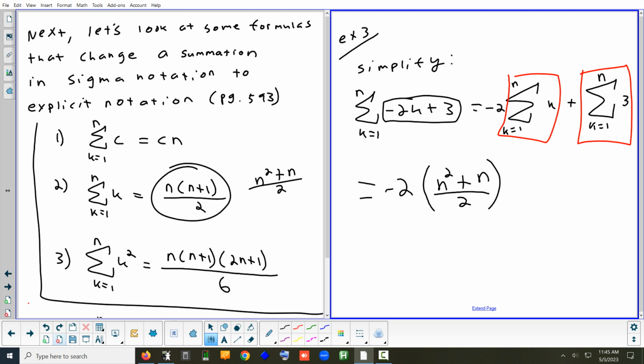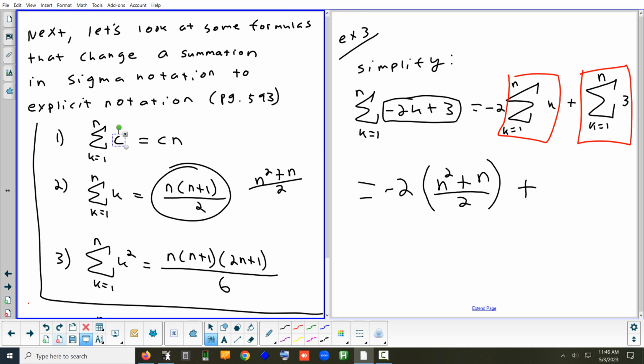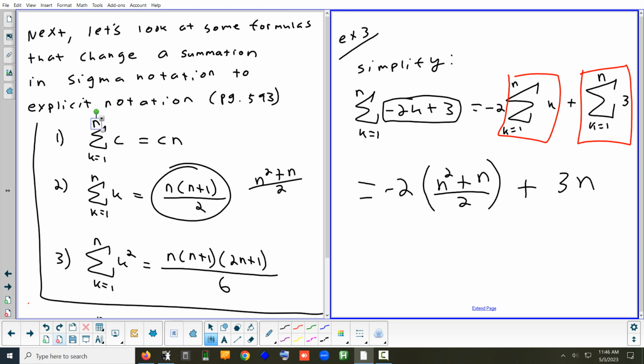We kind of proved that with the calculator. And what can I substitute for that last box? Just 3n. Whatever your constant is, times how many times you're adding it up. Now, just combine like terms and that's your answer.